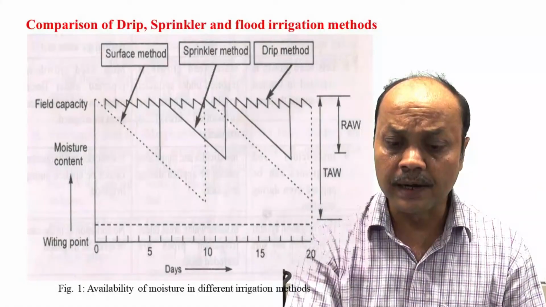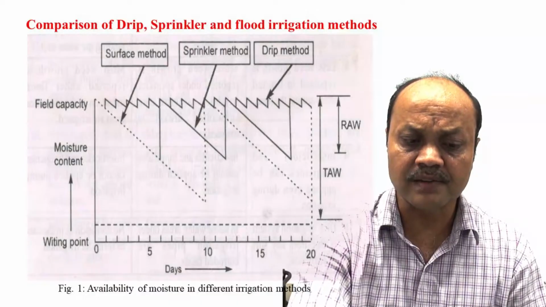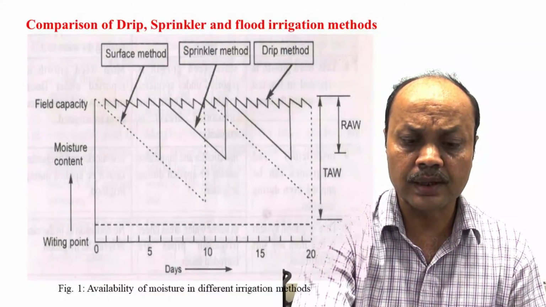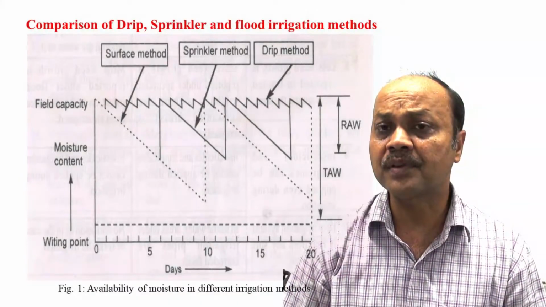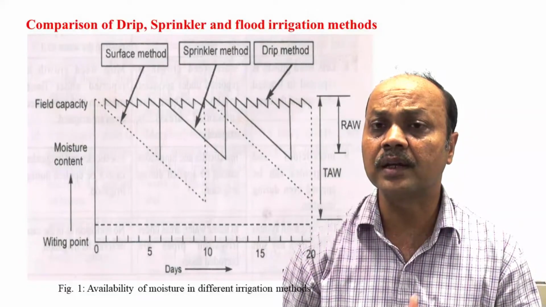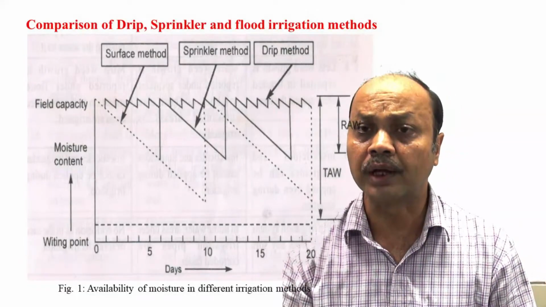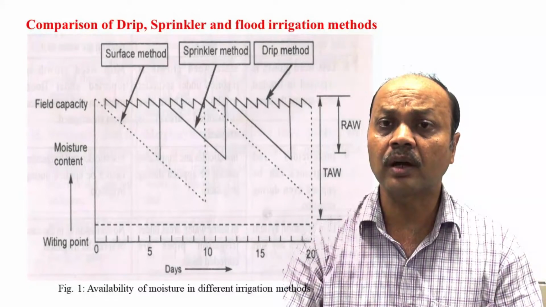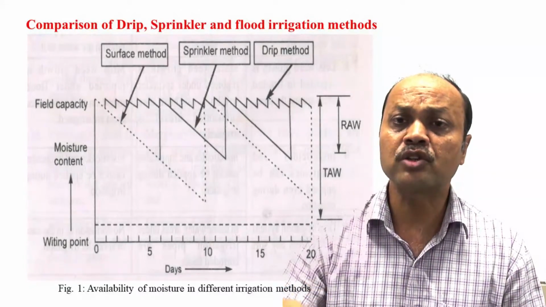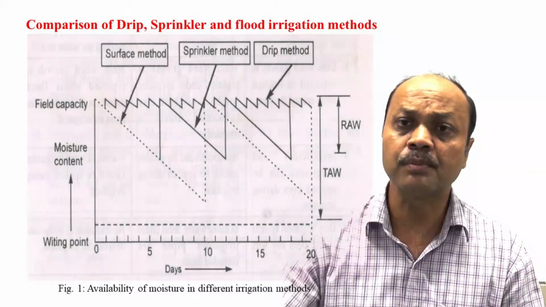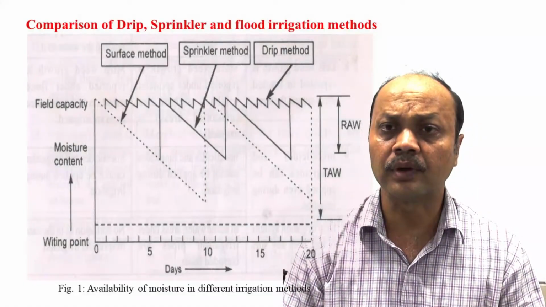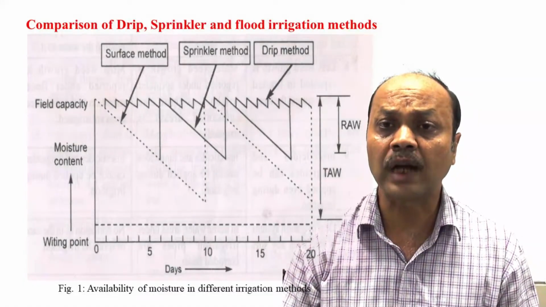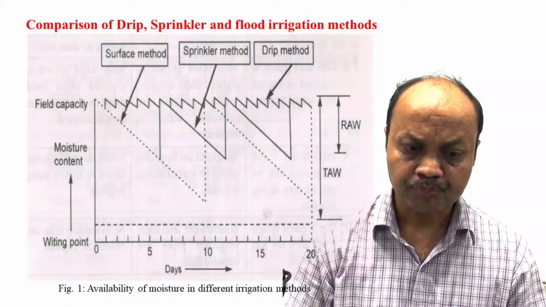You can see in drip there is less variation, the top one. What happens normally in drip irrigation is we irrigate daily or after 1 or 2 days, so your crop never comes under stress, right? Based on daily evapotranspiration, we irrigate daily or every 1 or 2 days, depending on which type of crop you are taking.